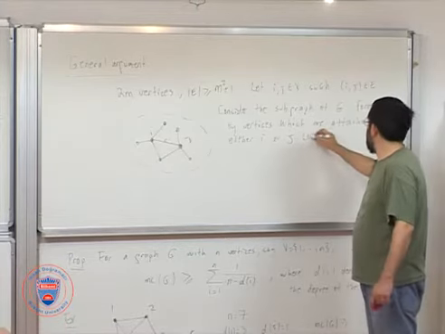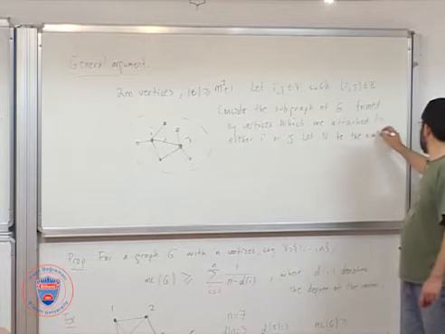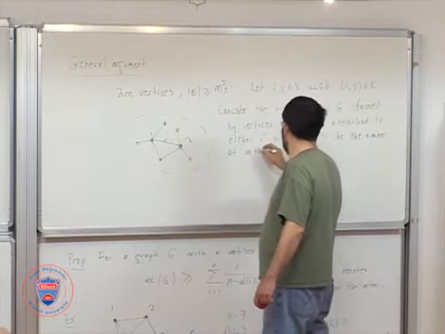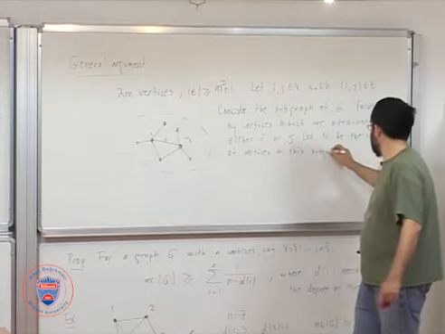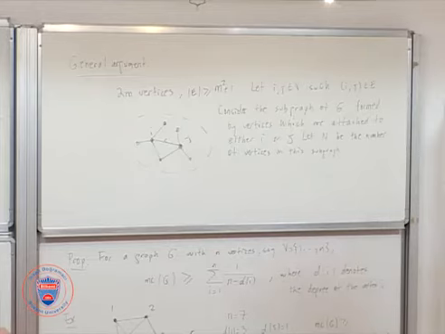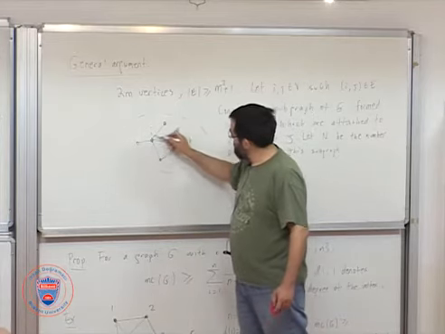So let m be the number of vertices in the subgraph. We are talking about vertices attached to either i or j, so we exclude these two.